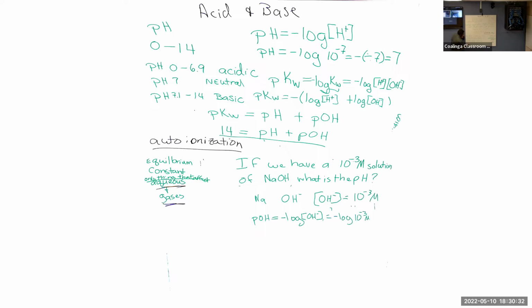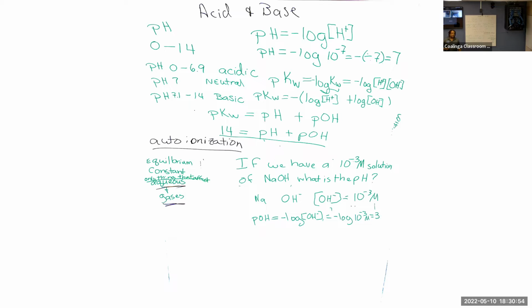So then that's just going to be 3. What is the minus log? It's on your equation, minus log, the sign minus. Log is the math function that we use, log base 10.